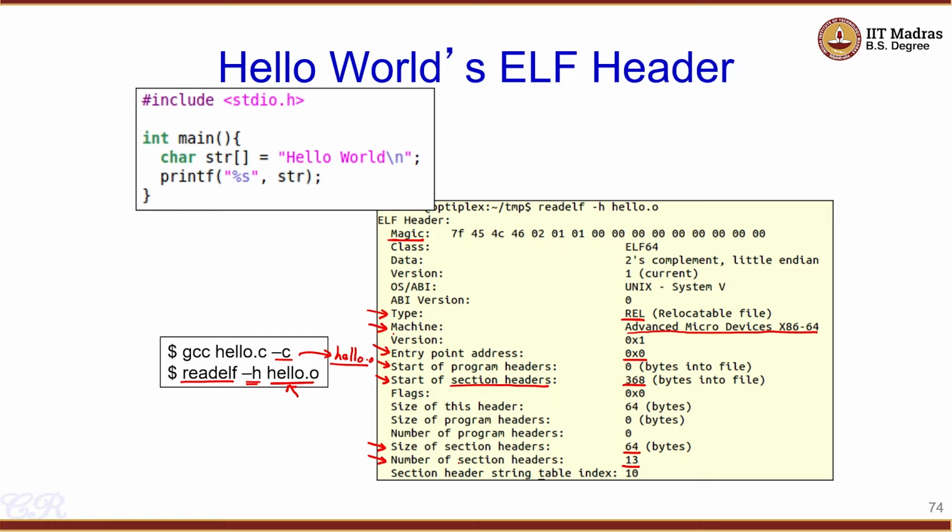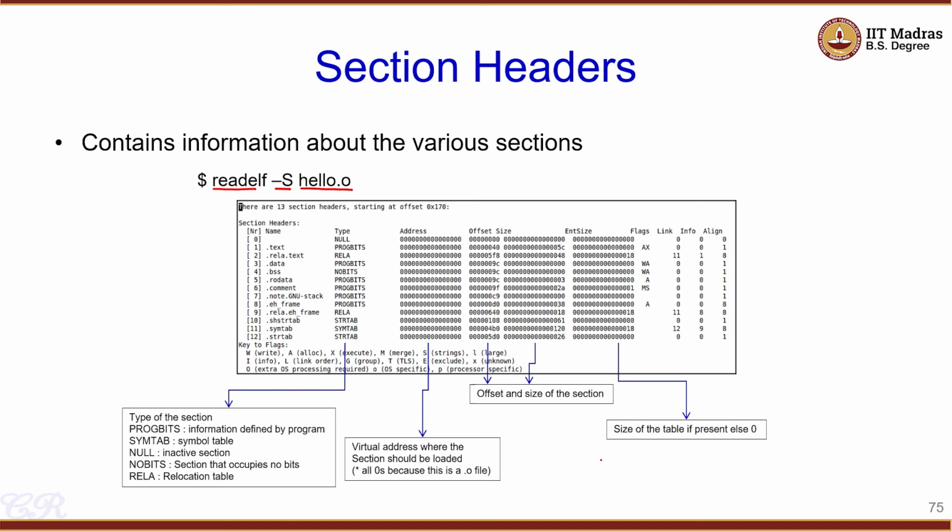Recollect that each section header is of size 64 bytes and there are 13 of them. With this command, readelf -S hello.o, we are able to list the various sections present in the section header, right? What we see is that the sections are labeled 0 to 12, 13 sections.